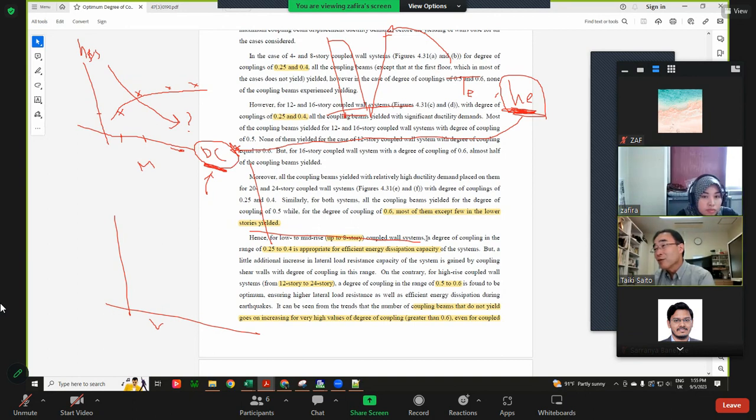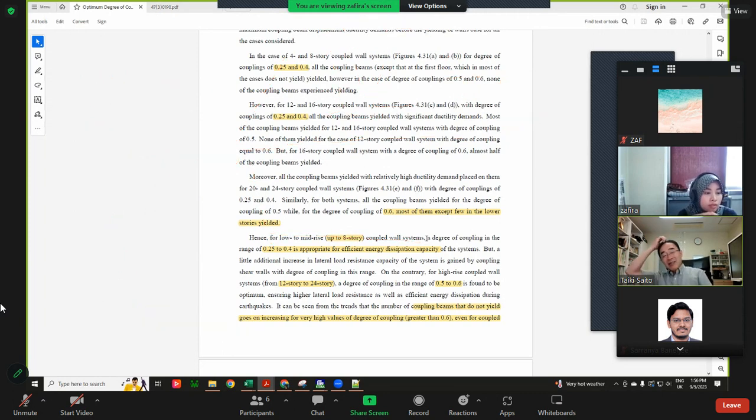So anyway, we want to make some story of how to design the building. Not only increasing the damper of the coupling beam, but we must also be careful to check the degree of coupling.